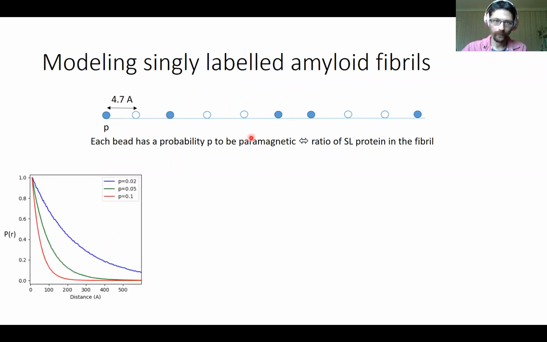From this configuration, we computed the first neighbor distance distribution that you have in this line at different probabilities P. And you see that you have different P of R. One more time, what Asif did is, based on those P of R, simulate the dipolar evolution signal that we would obtain by having the different oscillations with different distances, weighted with the distributions that were calculated here.